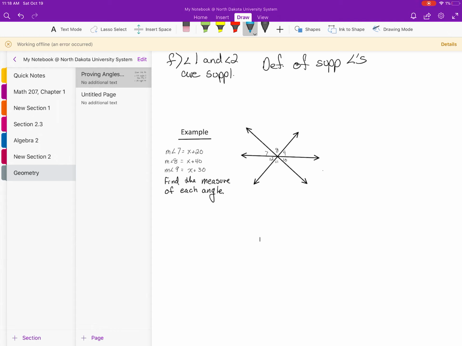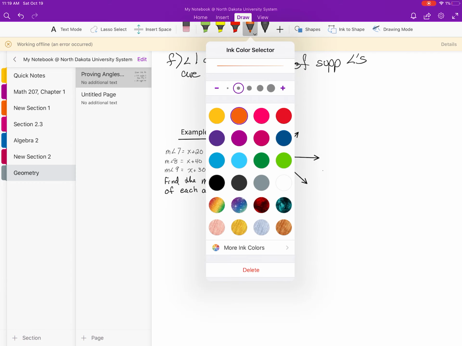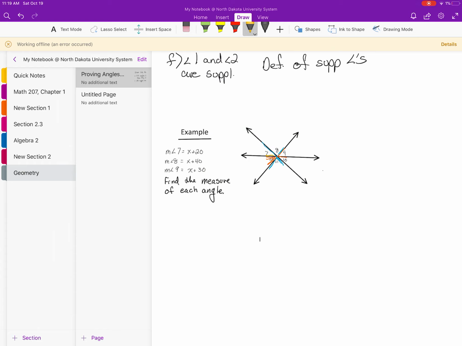Let's use blue again. I think we can see that angle 8 and angle 11 are vertical, right? What about angle 9 and angle 12? And how about, what color? Yellow.